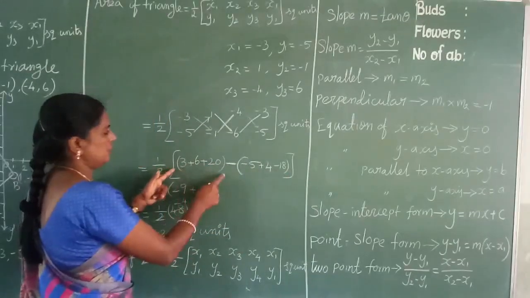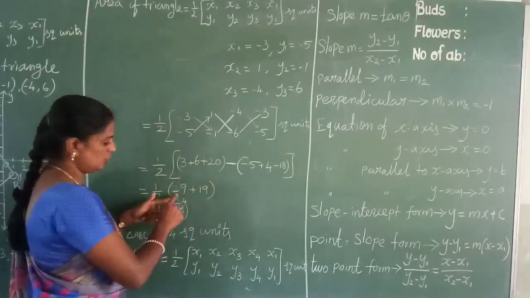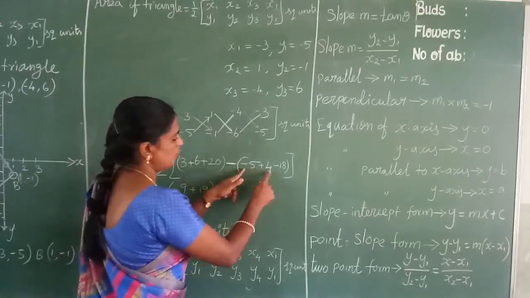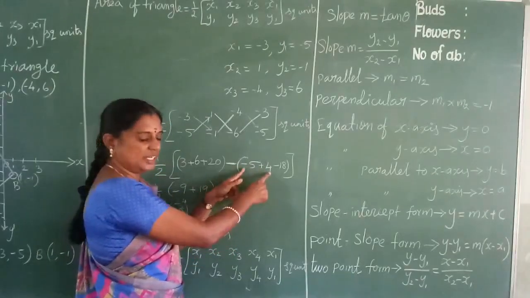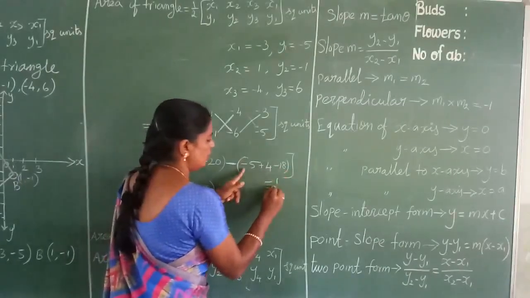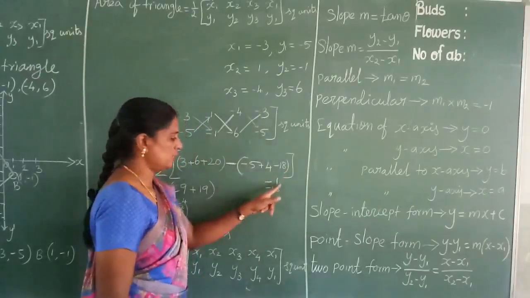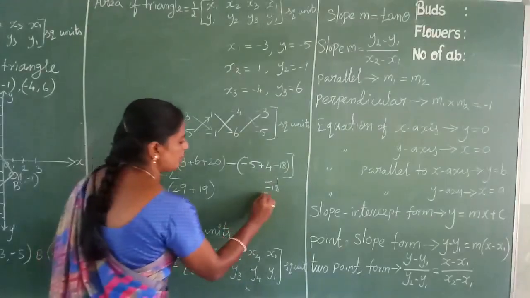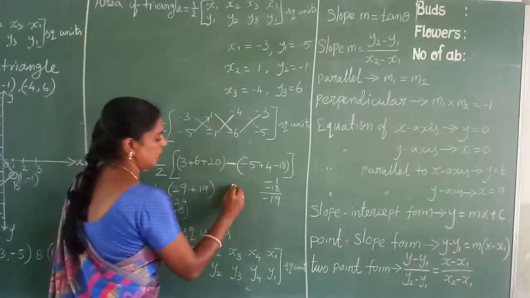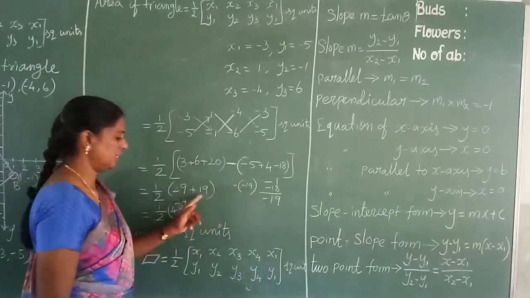Now you simplify. 3 plus 6 plus 20: all are the same sign, so 29. And here minus 5 plus 4 is a different sign, so the answer is minus 1. And minus 1 minus 18: these two are the same sign, and same sign means add, so minus 19. Here there is already a minus outside, so minus of minus 19, minus into minus is plus 19.